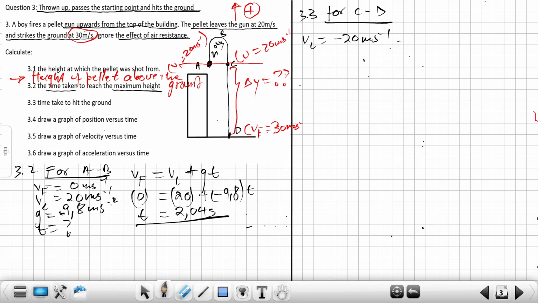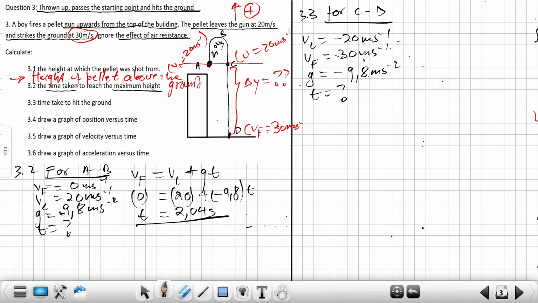I have my V final, which was given as 30 meters per second. That is now also minus. And then I have g, which is minus because it's moving downwards, 9.8 meters per second squared. Can I calculate now for t? Yes, I can.